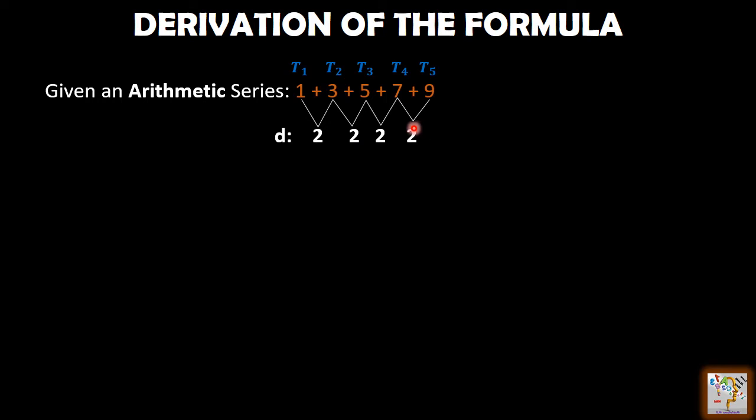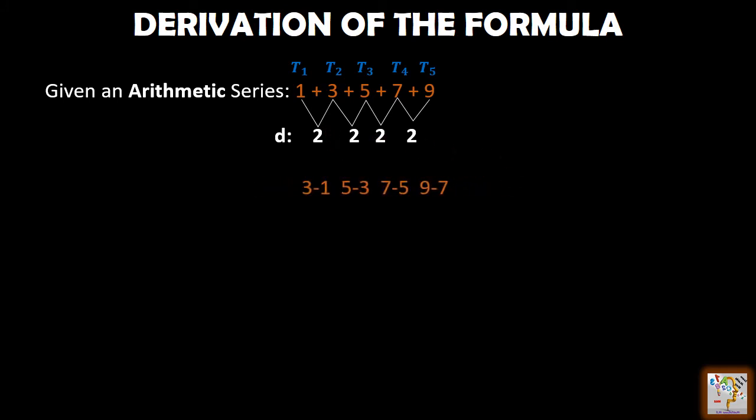Remember, this is the first common difference. If you had a common second difference, then the sequence would be a quadratic sequence. But in this case, because the first difference is common, it is an arithmetic series. So our d is equal to 2.